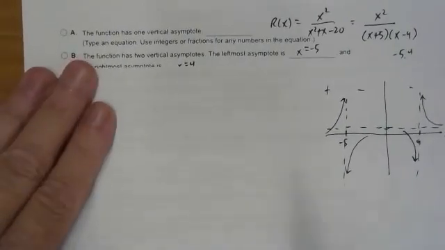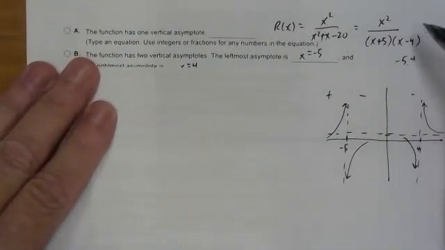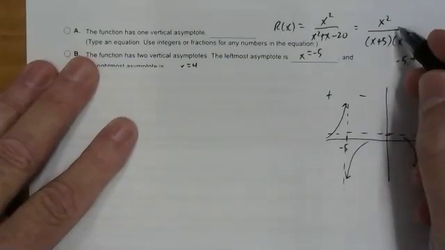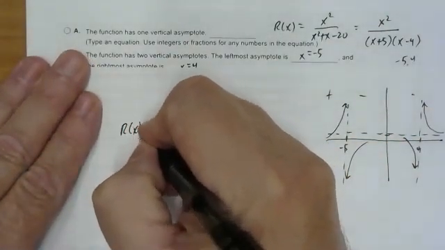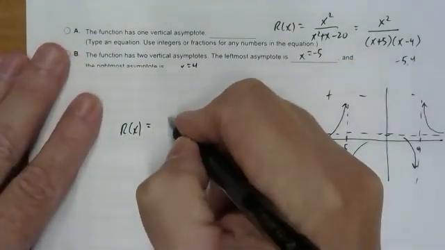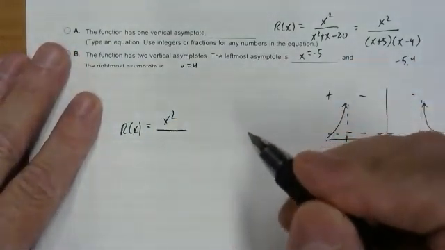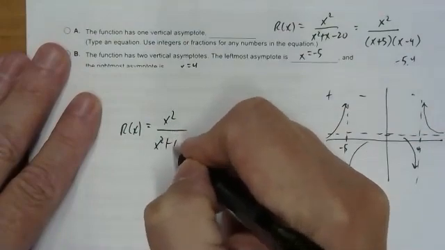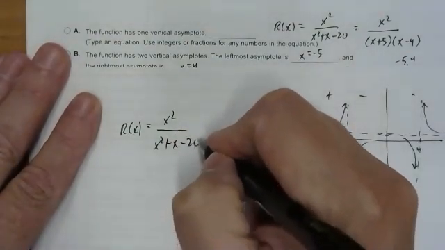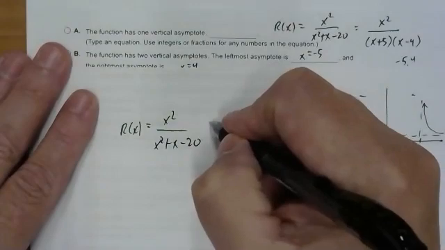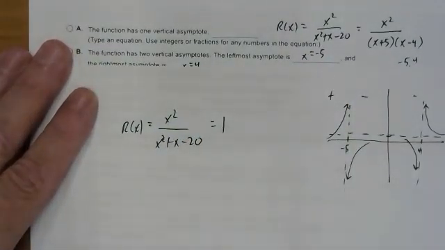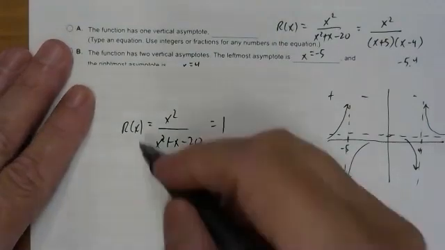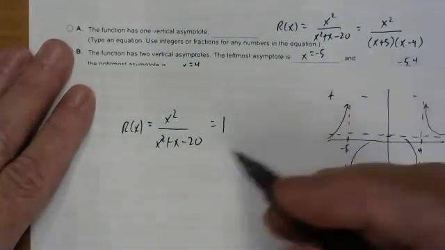What you do is you take your equation, set it equal to 1, and solve for x. I'm going to look at the value of x that causes this thing to equal 1.